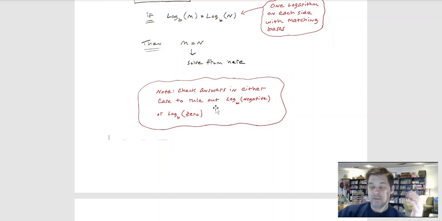We check to rule out that we're ending up with a logarithm of a negative number or a logarithm of 0, because each of those is an impossible calculation, and so we can't say we have an answer if it leads to one of these. That kind of thing can come up when you're solving an equation with a logarithm.